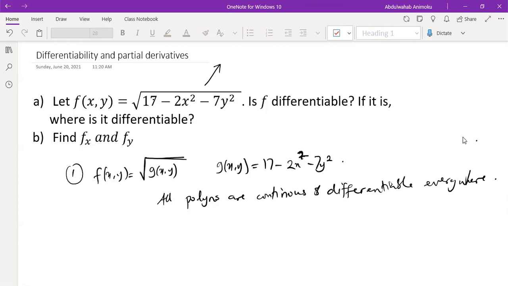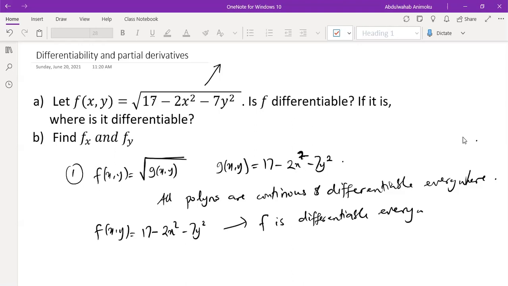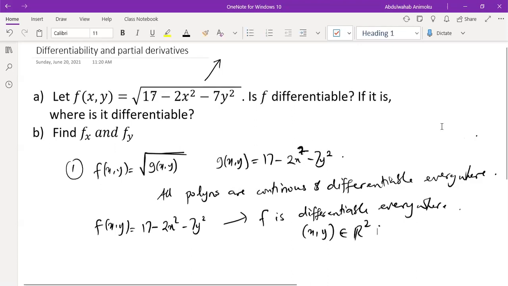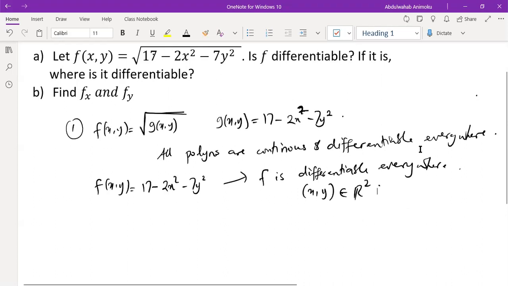If the question was f of xy equal to 17 minus 2x squared minus 7y squared, we would have concluded that f is differentiable everywhere, meaning at any xy in R squared.